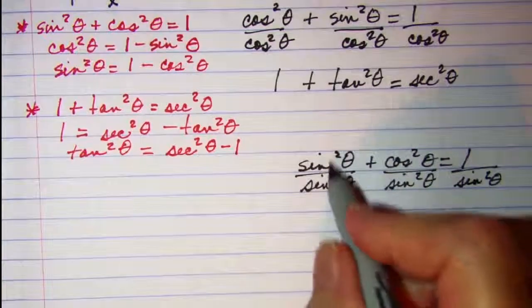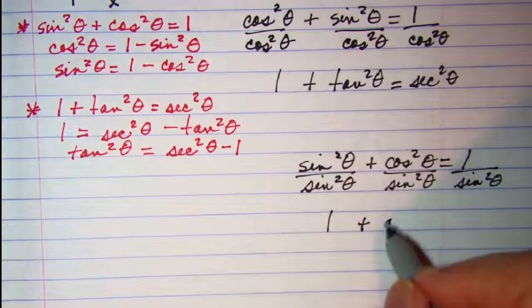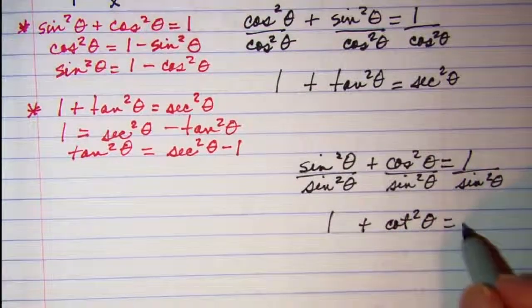So this is 1 plus cotangent squared equals cosecant squared.